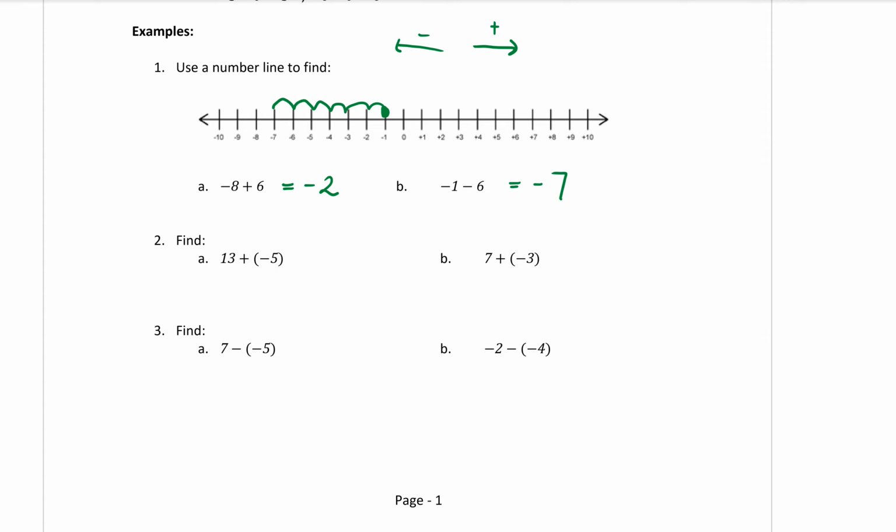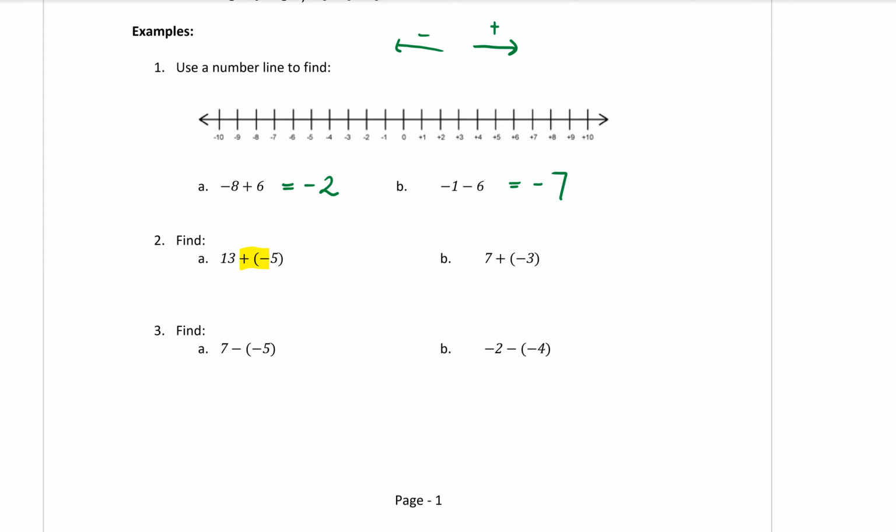Question 2 is when we start getting those double signs. The brackets that are in there are just to highlight that there's a plus sign and then there's a minus sign. It's just emphasizing the fact that there are two signs in there. Don't worry about the bracket. A plus and a minus next to each other, what does that make? A plus and a minus makes a minus. Very good.